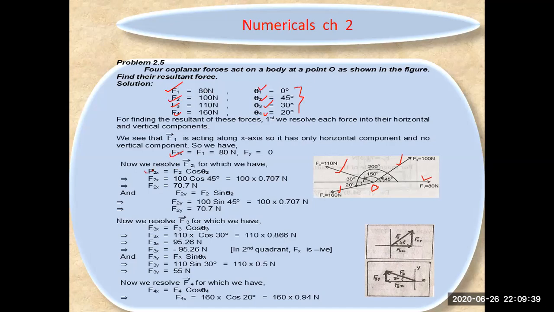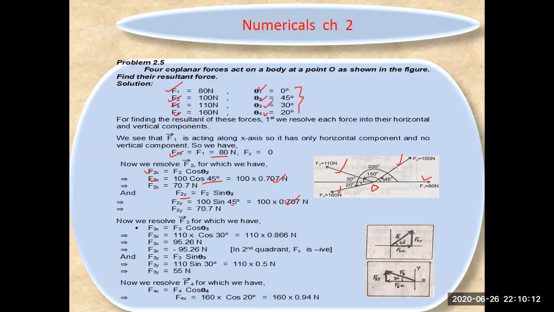Then you will calculate F2x, then F3x, as you have seen the value of the angle, and similarly F2y. For y you use sine theta, for x you use cosine theta. After putting the values, you have calculated the horizontal and vertical components.